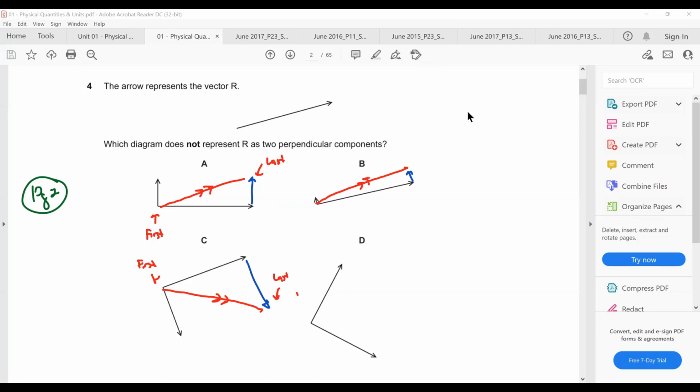And then for answer choice D, you shift one of them so that they form head to tail like this. The resultant would be this one. Again, this one is your first. This one is your last. So now, which one do you think does not represent R as two perpendicular components? Which one here, when combined together, doesn't give you back the original vector R?